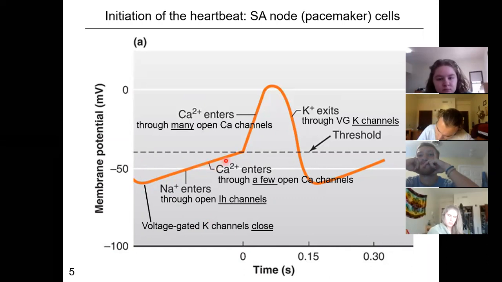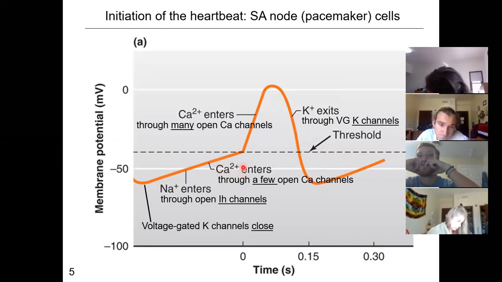Eventually, we depolarize, and the depolarization opens voltage-gated calcium channels. Voltage-gated calcium channels allow calcium to enter. And so here is, again, a positive charge entering, which causes further depolarization.